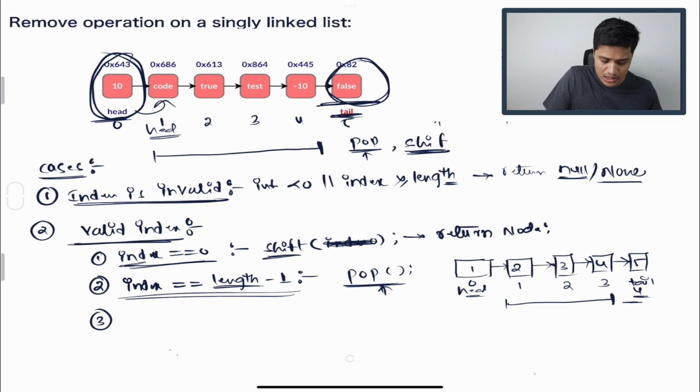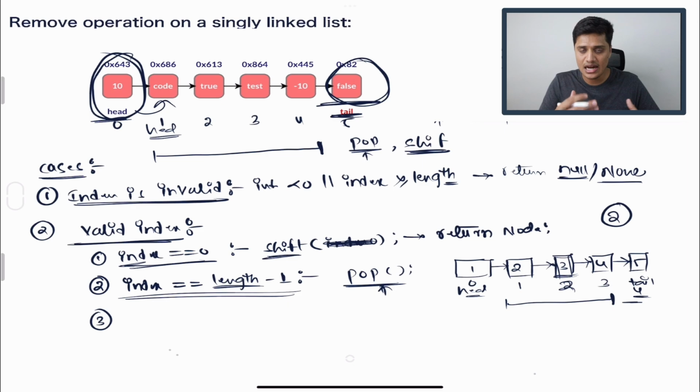Now let's assume that in our implementation the index that is given by the user is 2. So we have to delete this node with the value 3 because it is at index 2. Now to delete this node, we have to make sure that whatever the next pointers that we are keeping track of in each and every node, we are updating them properly. So to do that, first we will get the node that is at whatever the index that is given by the user minus 1th position.